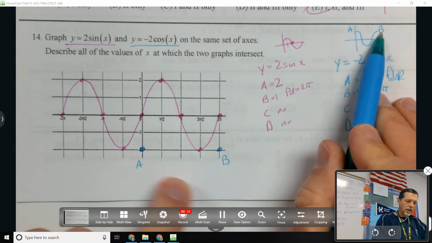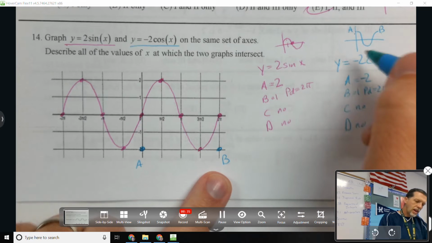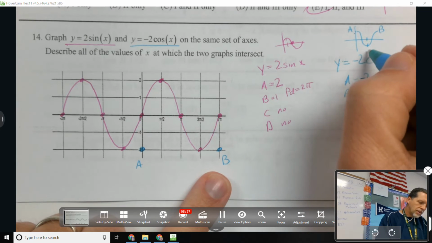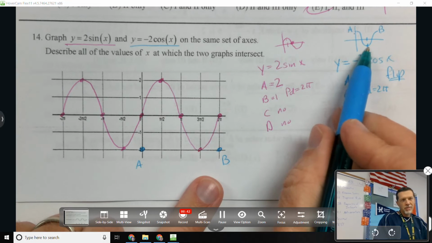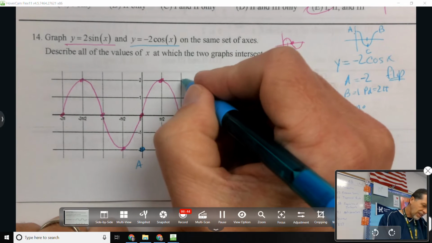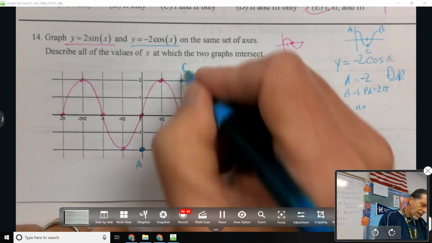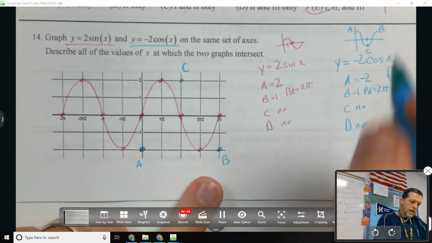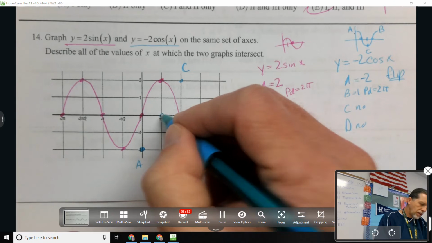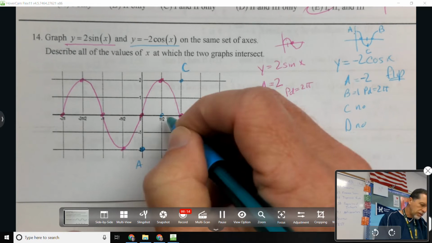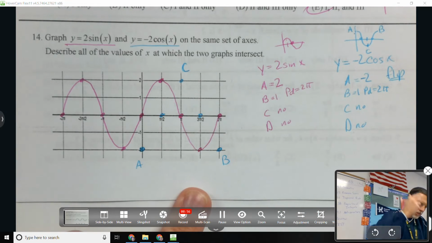That point B got flipped to this point. Halfway in the middle, we're normally at a min, but we've been flipped, so we're at a max. And then halfway in between there, we're at 0, and we could flip 0 and still get 0.